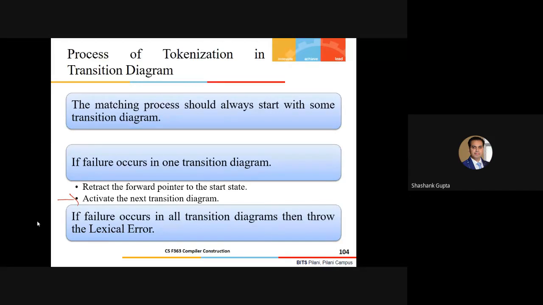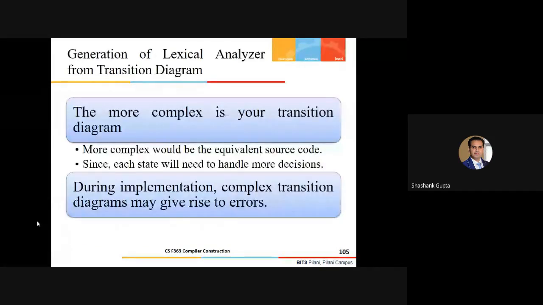The more complex your transition diagram is, capturing all the language specification in just one diagram, the more complex the equivalent source code will be. Each state will need to handle more decisions, as you have seen, with multiple transitions and so on.